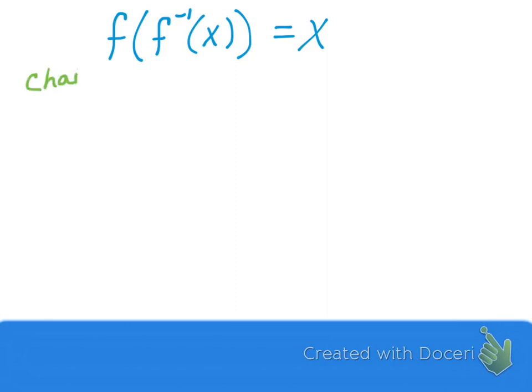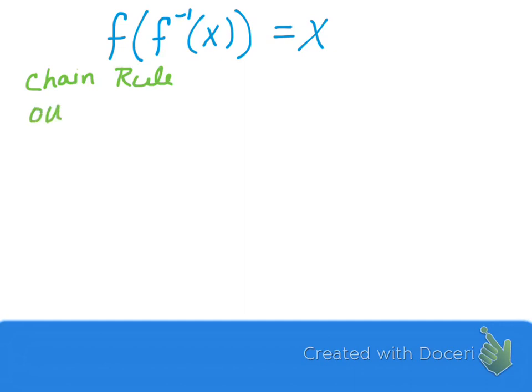So we know that f composed with f inverse of x equals x. That's just what it means to be an inverse function. Then we're going to take the derivative of both sides. So on the left-hand side, we have to use the chain rule.